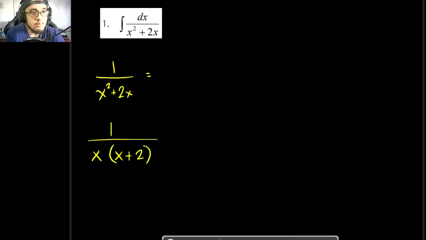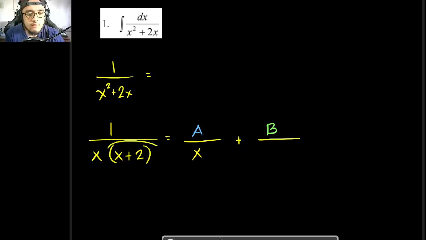The next thing we would do is write its equivalent partial fraction form. So we would be introducing the coefficients a and b. Let's say coefficient a, and we divide it by our first factor, which is x. As for the next one, let's introduce the coefficient b divided by our second factor, which is x plus 2.